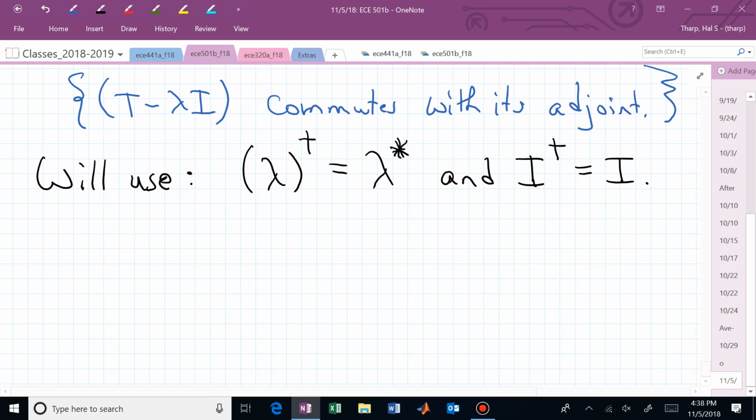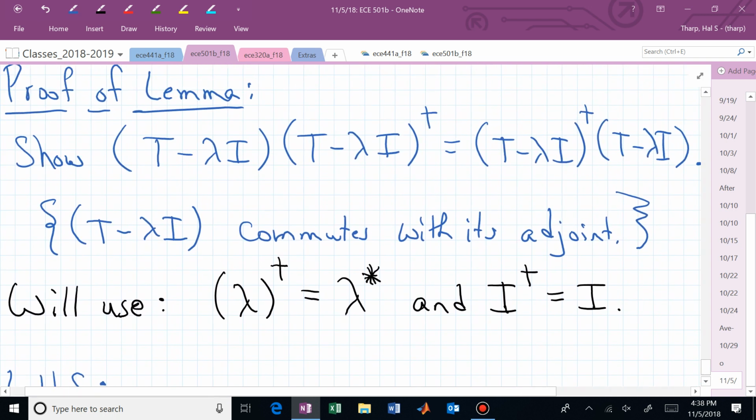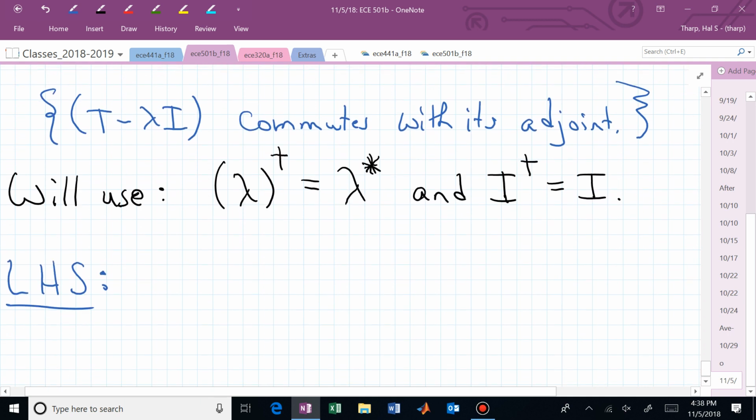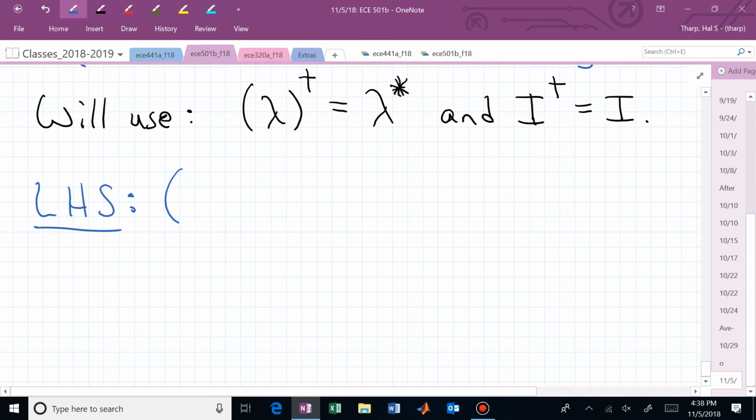So here, let's start with the left-hand side of this map and its adjoint. I now have t minus lambda I operating on t minus lambda I adjoint.